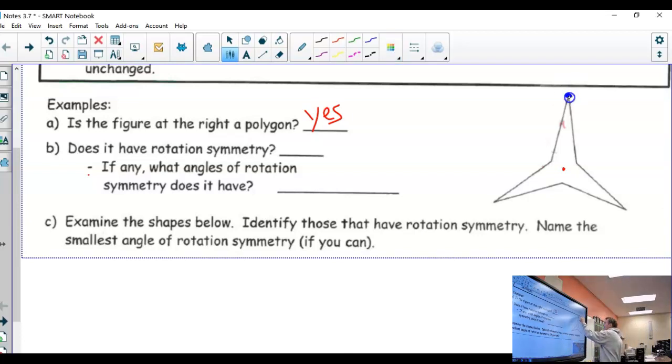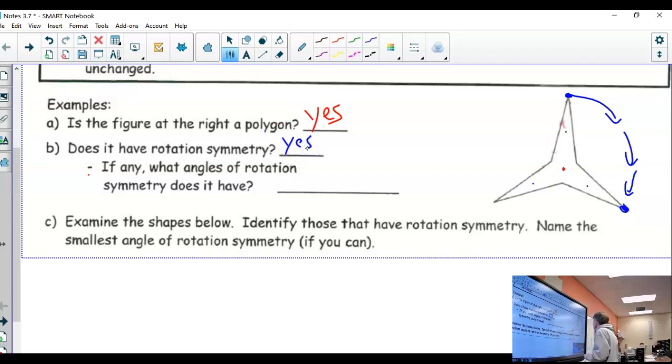And I would claim that when this starts spinning, and it keeps going, when it gets to here, then that shape will match up with itself again. I'm, of course, assuming that all three of these legs are the same. And they are. So does it have rotation symmetry?